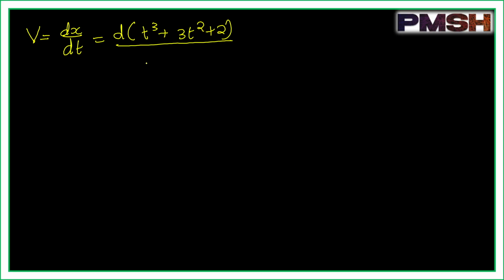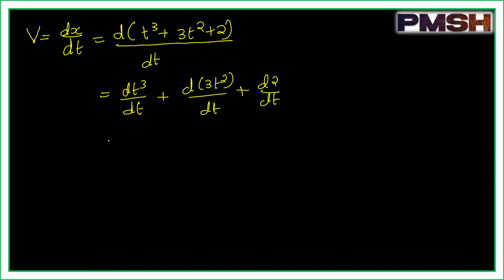With respect to time, you have to differentiate. So the answer will be d(t^3)/dt plus the derivative of 3t^2 with respect to t, plus the derivative of 2. The derivative of t^3 will be 3t^2. I have already discussed the rules of differentiation, right? The constant 3 will be taken outside.